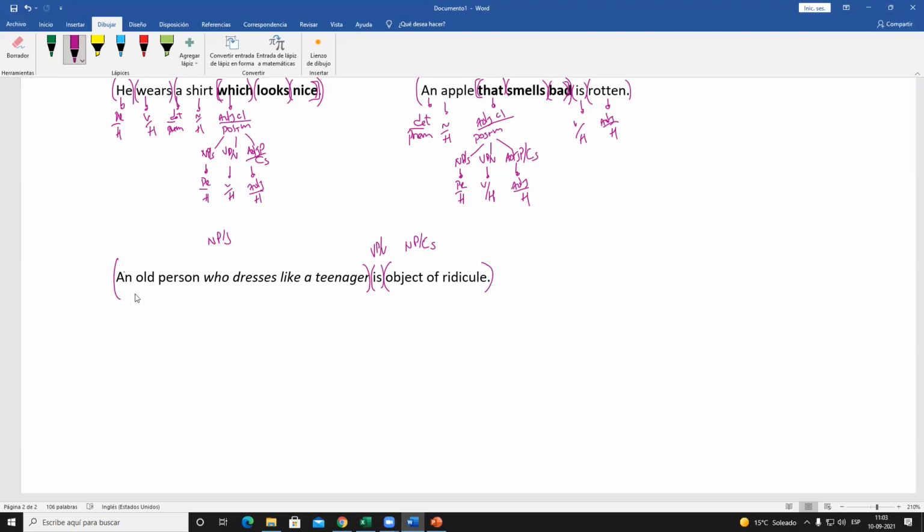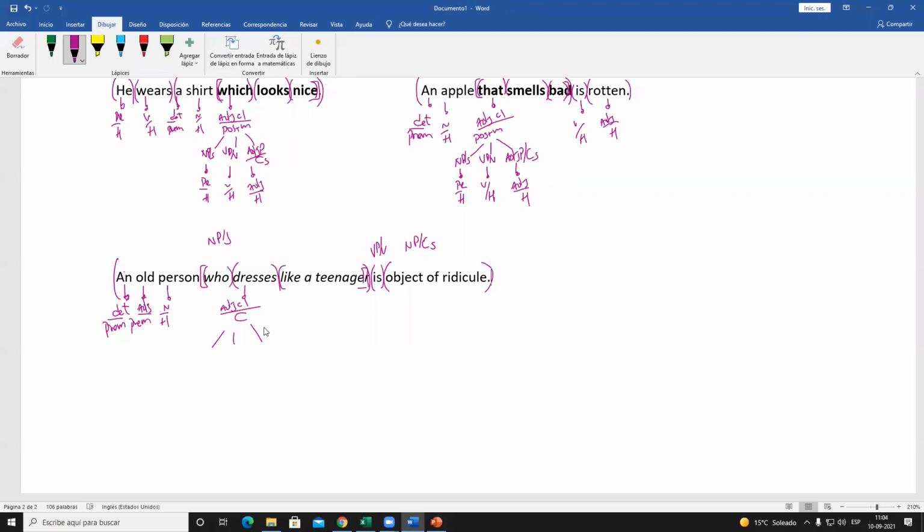The only difference would be the fact that this adjective clause is a complement because it's obligatory, and then you can continue with the rest of the stuff.